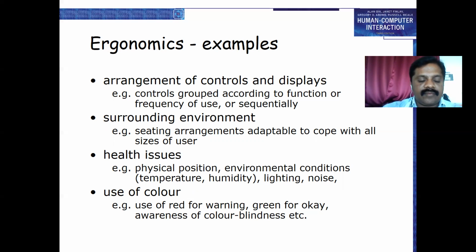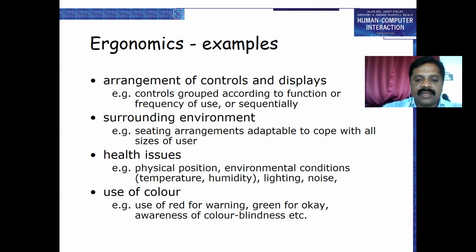If you are a large person and the seat is very small, then you cannot sit there properly. It is not comfortable for you, so the interaction may collapse or happen wrongly. And environmental conditions like temperature and humidity should all be good for your communication or interaction.